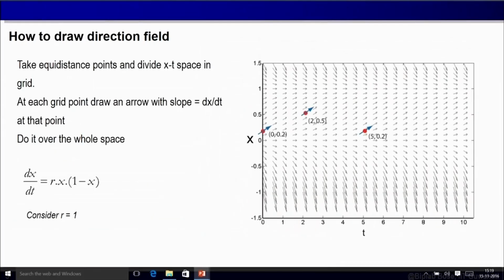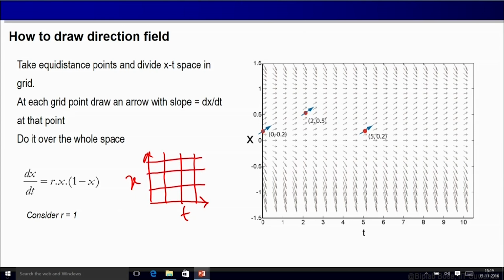I can extend this further. What I can do is divide the whole space of x and t, suppose this is x and t, this is my space, and I can divide it in equal grids like this.